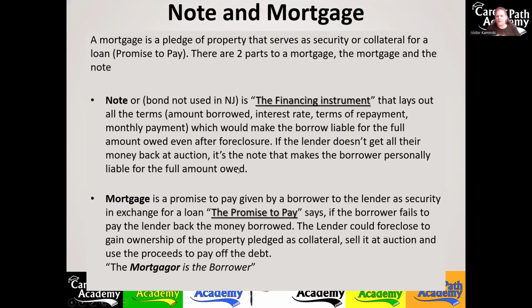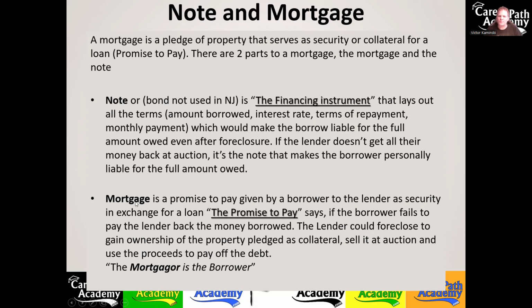The promise to pay says that if you fail to continue making your payments according to the terms in the note, the lender can foreclose on you to get that collateral, that property that was pledged as collateral for the loan, sell it at auction, and use the proceeds to pay off the debt.